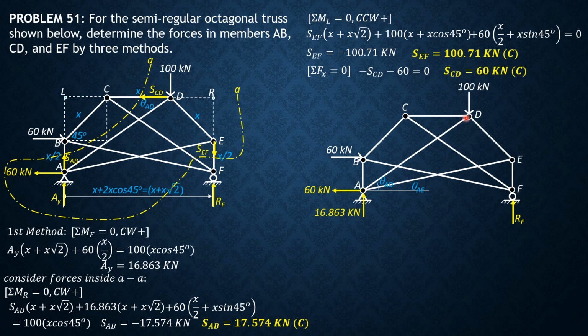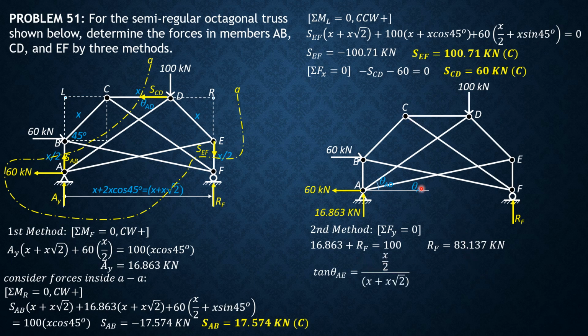Theta AD is also equal to this angle here, CF. Summation of forces Y equals 0: 16.863 plus RF equals 100. So RF is 83.137 kilonewtons.